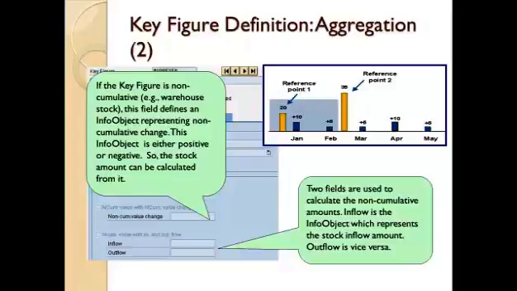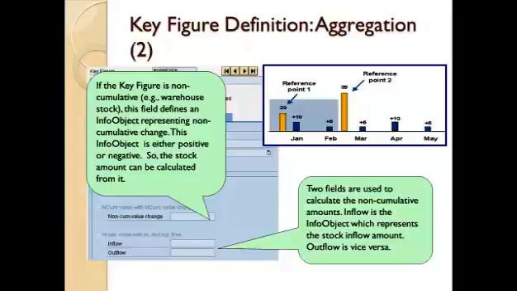Now the second method is toward the very bottom. We will then have 2 key figures associated with this inventory level. Okay, one is called inflow, the other is called outflow. Inflow basically means the addition to the inventory level, whereas outflow means the reduction in inventory level.